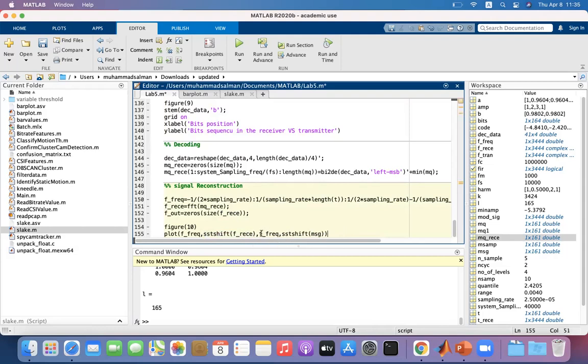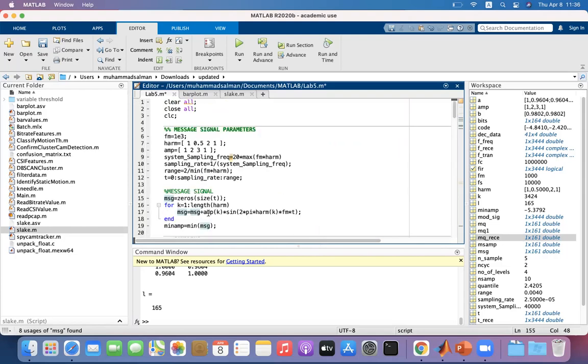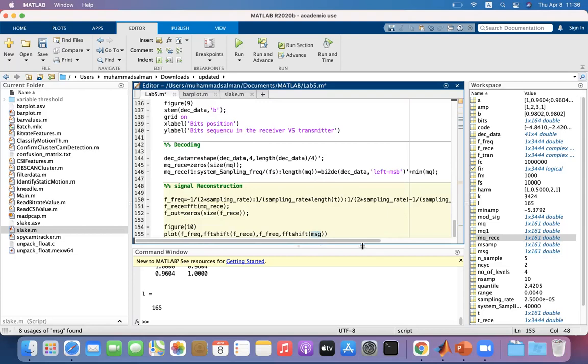Okay, so this is the frequency domain axis I just defined here, and this, I think this is not SST, it is the FFT, and also this is the FFT shift. So the message was this signal which I had defined here. So this is the message signal, right?